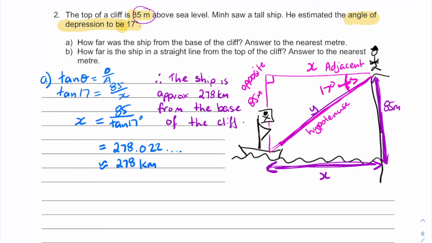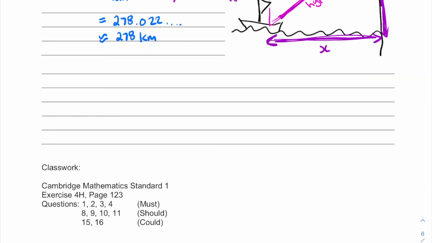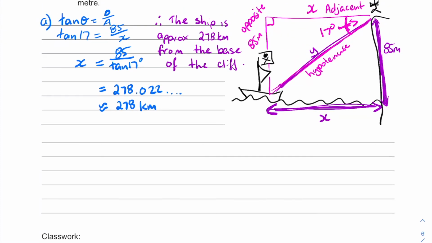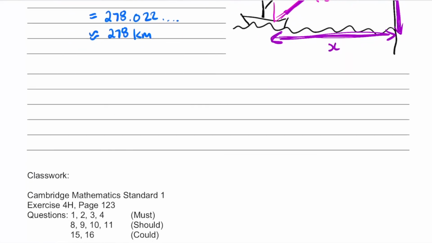Now we want to move on to B. B is using our hypotenuse here. Alright, so we do exactly the same thing, but now we need a hypotenuse. Now we have an opposite side and a hypotenuse. So if you go back to SOHCAHTOA, that's going to be the SO part, or the sine part. We want the sine part. So for B, I want sine theta equals opposite over hypotenuse.